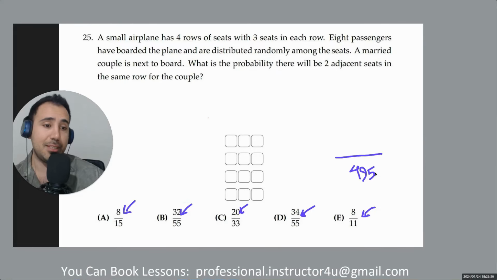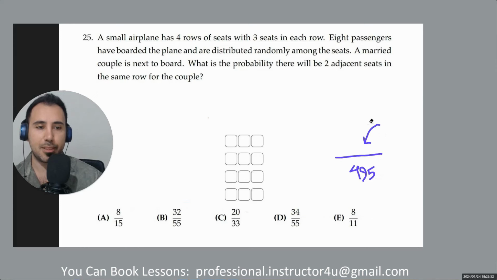So from these 495, more than half of these arrangements will give the couple the chance to sit close to one another. Okay, so what does that mean? It's easier to find the arrangements that are impossible for the couple to sit together. So let's just count those.